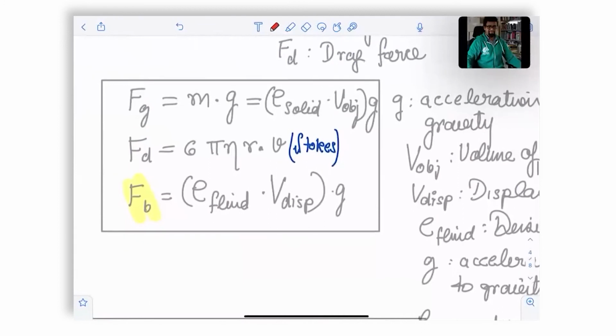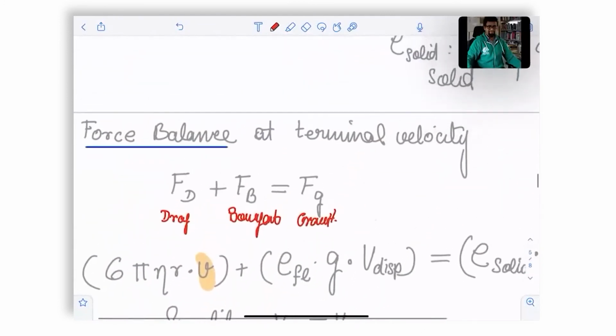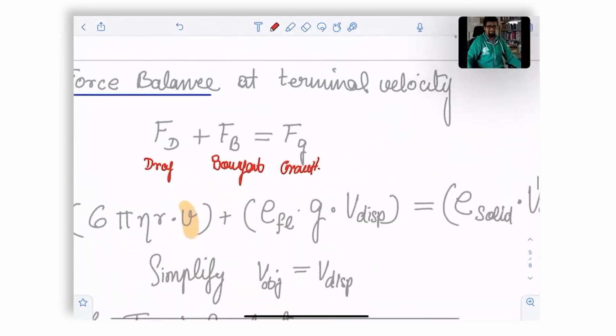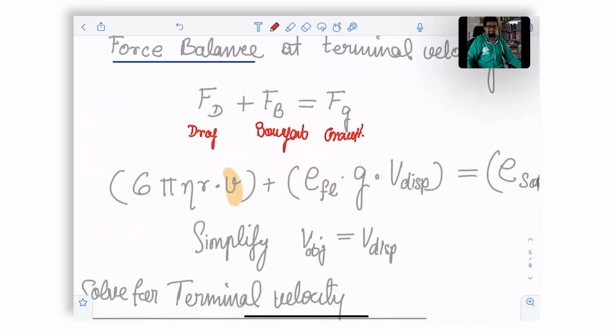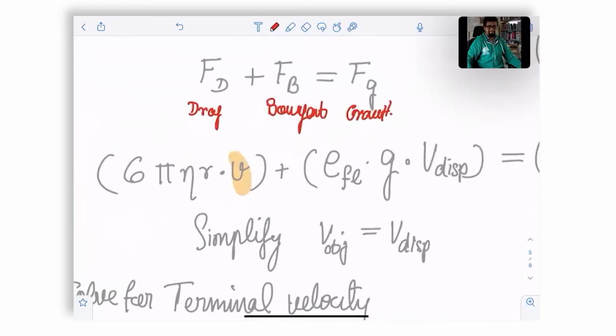Remember, we wrote these here. So when we substitute them, we get 6 pi eta r v plus rho fluid times g times V displaced is equal to rho solid times V object into g. We assume that the volume of the object and the volume displaced are equal.